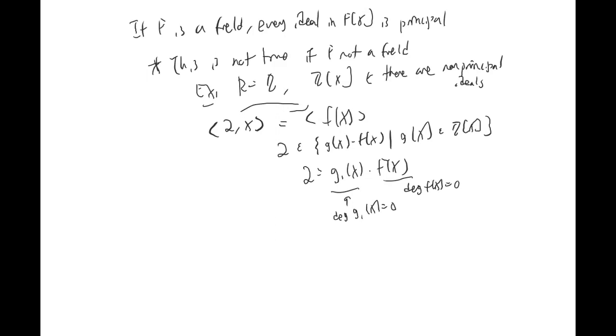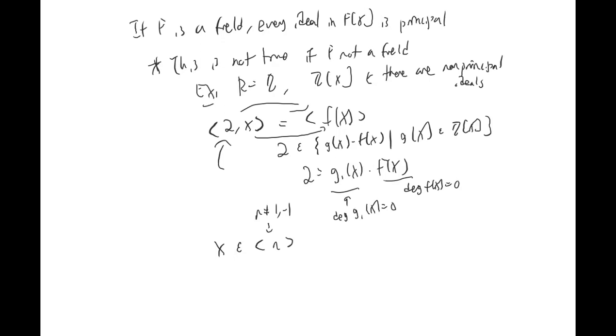Now you argue, well, x must be in here, right? So the generator x must be in the ideal generated by f(x), but f(x) is a constant, so let's call it n, where n is not equal to 1 or -1. n cannot be 1 or -1 by a simple argument, because in which case you have the whole ring, and 1 is not in here.